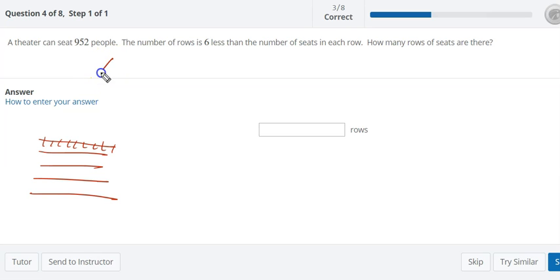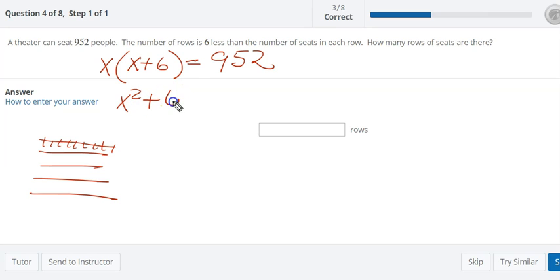So our equation would be x for the number of rows, and then for the number of seats, there's 6 more seats. Again, there's different ways possibly to set this up, but I think this is a good way. And then the product of the number of rows times the number of seats is going to be 952. So we get x squared plus 6x minus 952 equals 0.